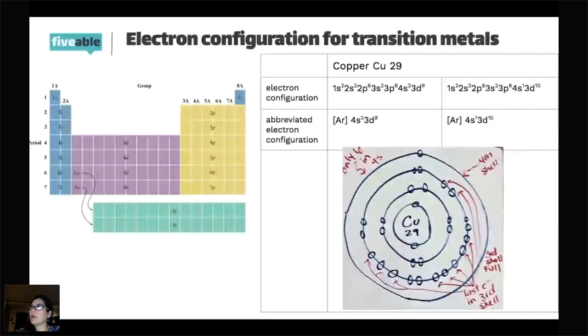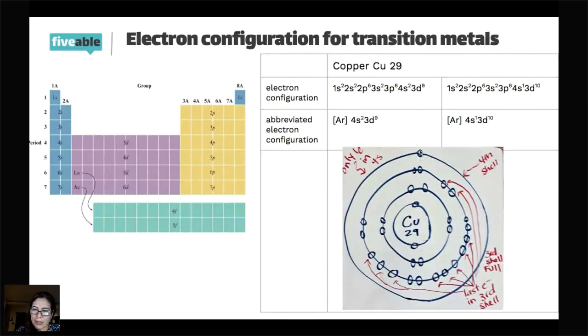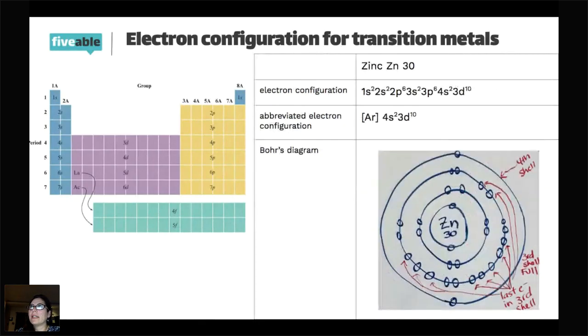So on copper, as before, we will have only one valence electron on the fourth shell, and 3d10 on the third shell, completing the third shell with 18. Now we have the third shell full with 18 electrons, with one valence electron in the fourth shell. So zinc, location here, we will have this data.